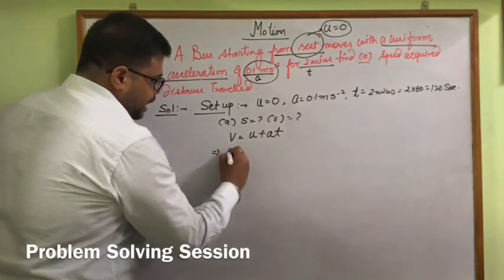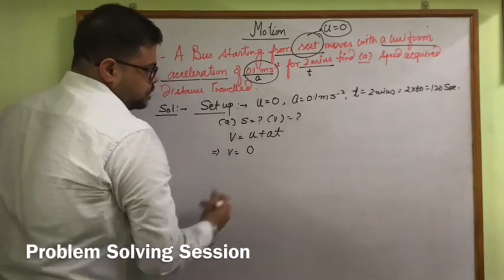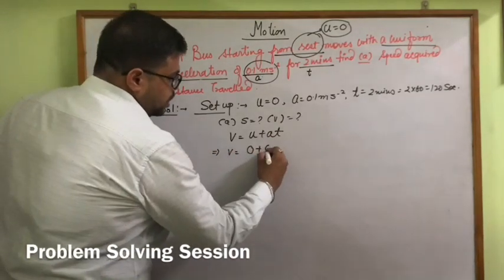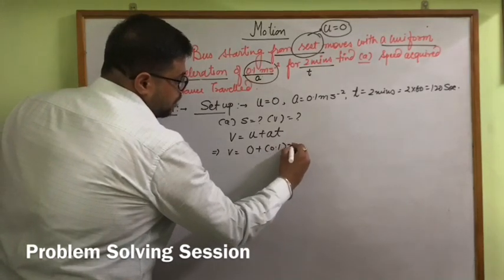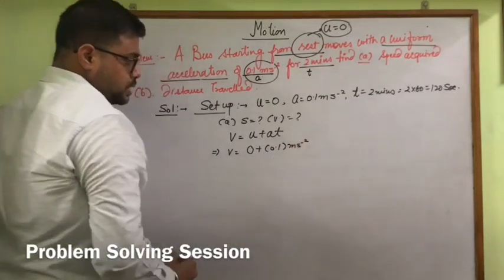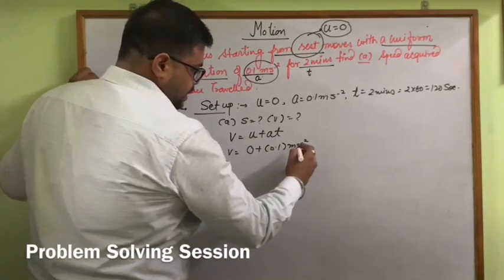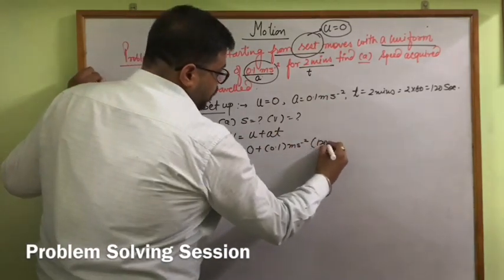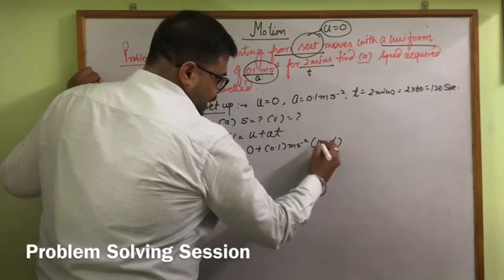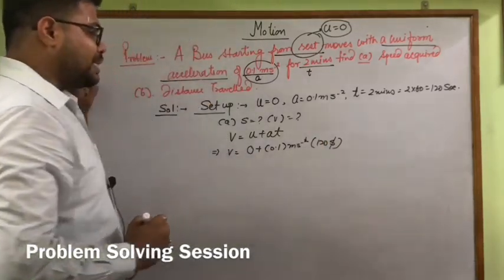Now v means velocity, which we have to find out. So this implies that v will be equal to u is 0, a is given here 0.1 meter per second inverse square, and the time is given 120 seconds. So the second and this inverse square cancel.